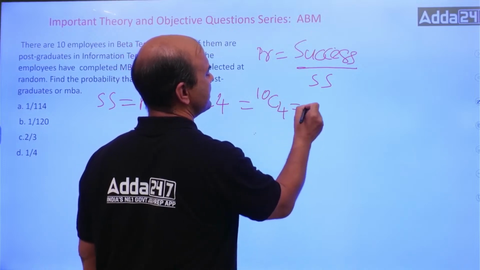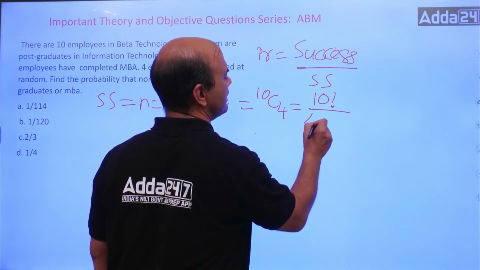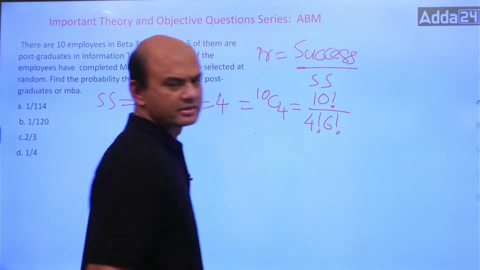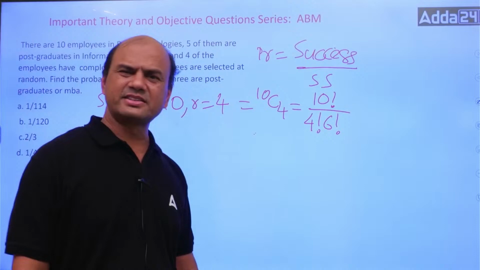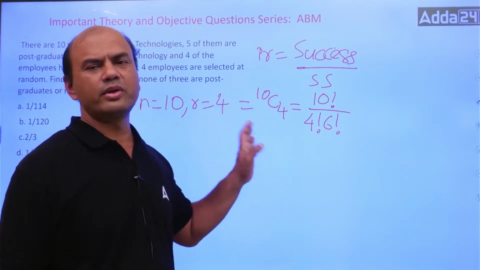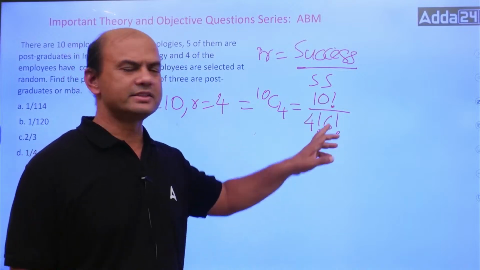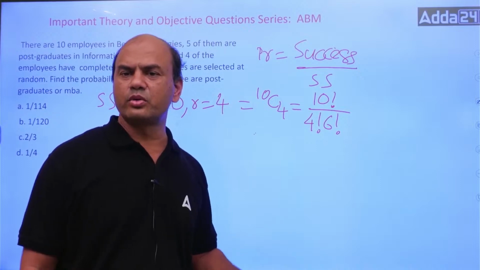So sample space equals 10C4. Get the answer, everyone. 10 factorial divided by 4 factorial into 6 factorial. Everyone try to solve this. You must get 10 into 9 into 8 into 7 into 6. So this 6 will get cancelled. And 4 factorial is what? 4 into 3 into 2 into 1.